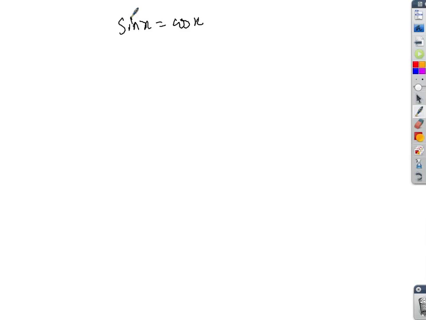I'm actually going to tell you, in this case, this is the only case where you are allowed to divide by a trig function, but you're actually not dividing it out. So we're going to divide by cos x on both sides. But sine x over cos x is an identity, and that's tan x. So the cos is not really gone, it's still inside the tan, and cos x over cos x is 1.